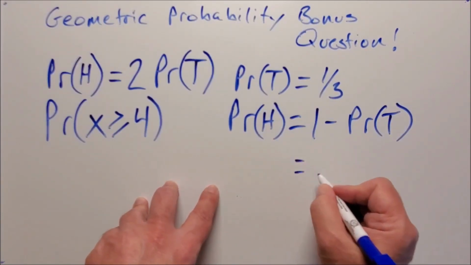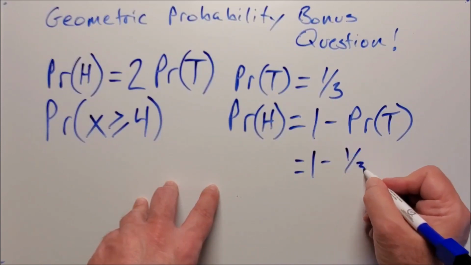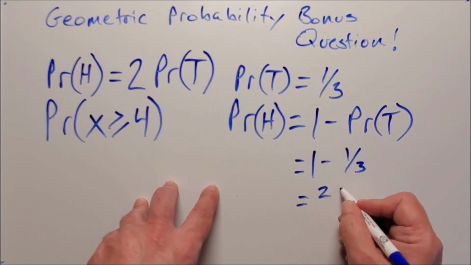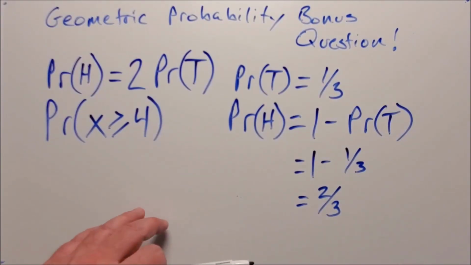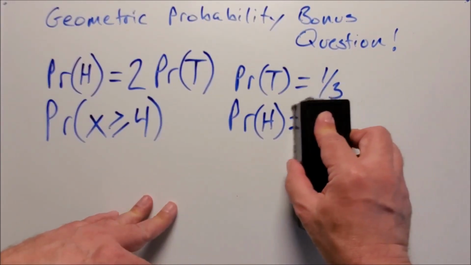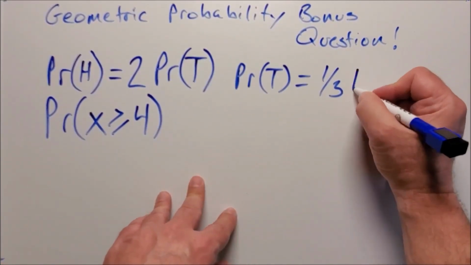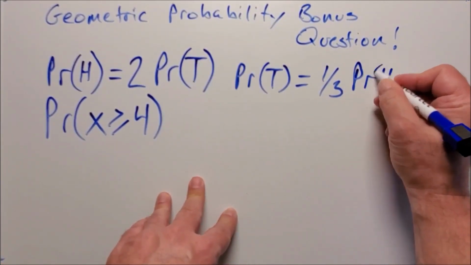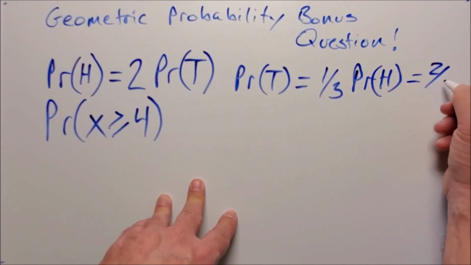That means the probability of heads must be 1 minus 1/3, which is 2/3. Okay, awesome. So we have our probability distribution. Let me put that up here. The probability of heads, and I don't want to run out of space, is equal to 2/3. Good.